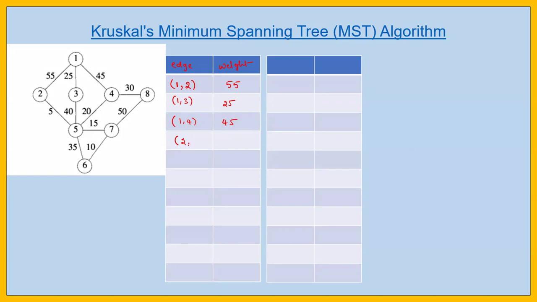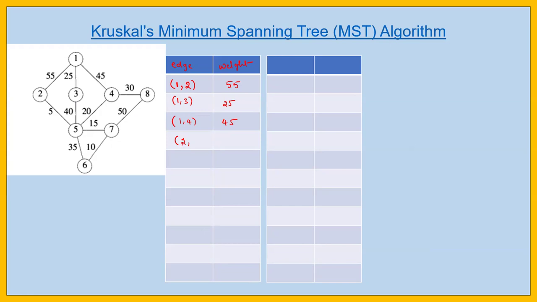Next, we will go for the second vertex. 2 comma 1, we have an edge, but I have already written that using 1 comma 2. This is not a directed graph, so when you write 1 comma 2, you need not write 2 comma 1 because both represent the same.